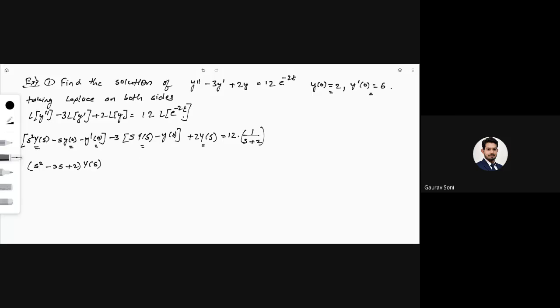Y of 0 is 2, so minus 2s plus 6. Then y dash of 0 is 6, so minus 6, is equal to 12 upon s plus 2. This 6 will get cancelled out.